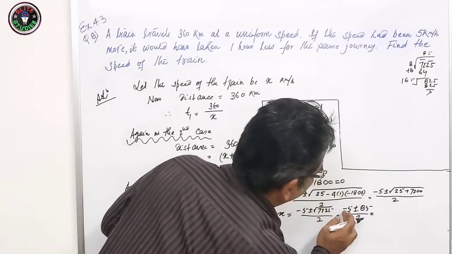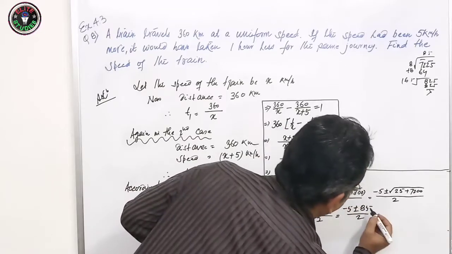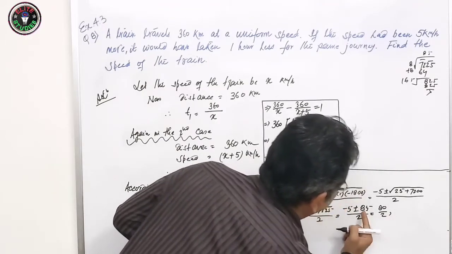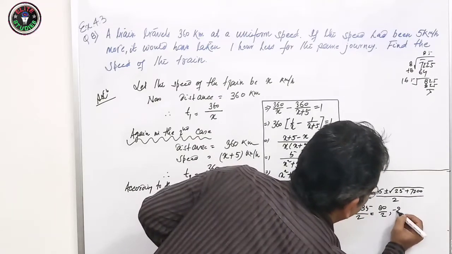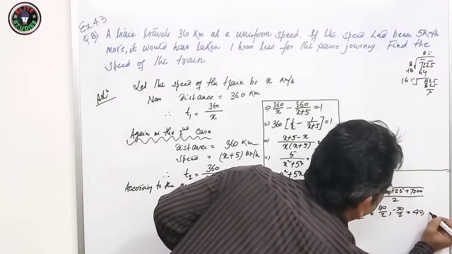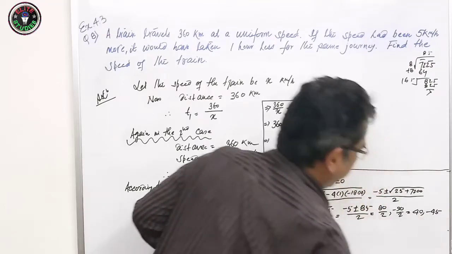Here you will get two roots: minus 5 plus 85 means 80, by 2; and minus 85 minus 5, minus 90, by 2. So it will be equal to 40 and minus 45.